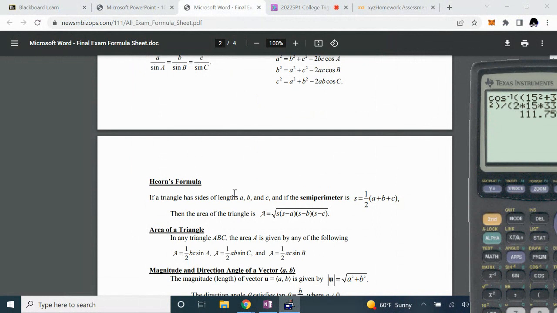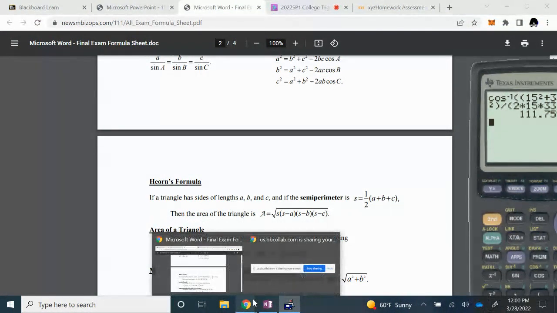It says if a triangle has sides of lengths A, B, and C, then the semi-perimeter S is equal to 1/2 times A plus B plus C. Then you must use that semi-perimeter to find the area as follows. The area is equal to the square root of S times S minus A times S minus B times S minus C, all within the square root.